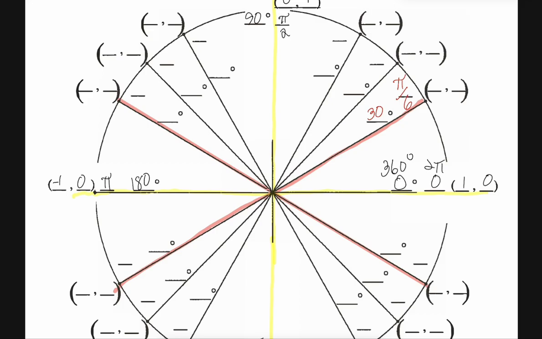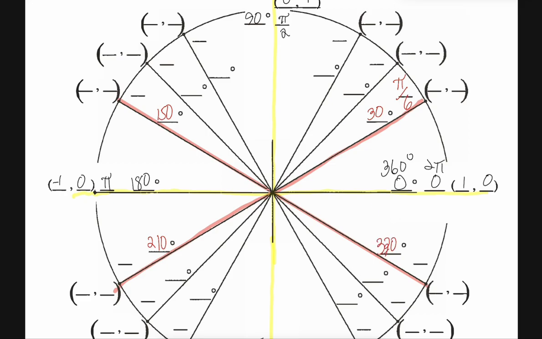Now, what is 30 degrees before hitting 180? 150, let's put it down. What is 30 degrees after 180? 210. Put it down. What is 30 degrees before I hit the 360 mark? 330, let's put it down.